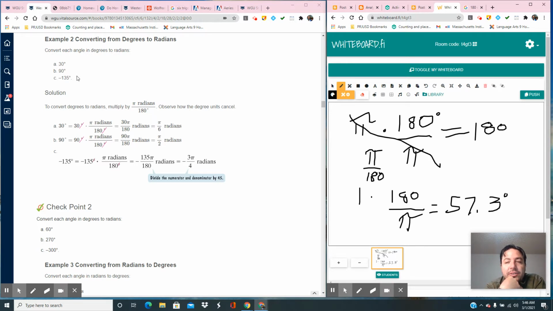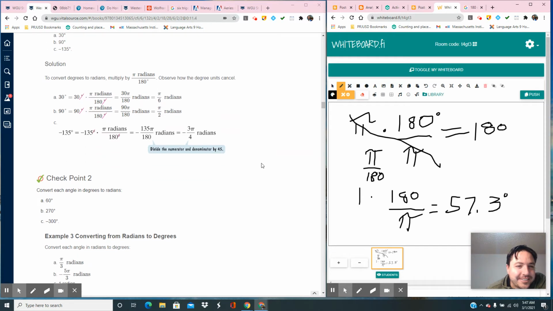Negative 27 over 36 pi. Oh, of course, 27 over 36 simplifies. 27 divided by 9 is 3, and 36 divided by 9 is 4. So negative 3 over 4 pi. Oh, good. They told us the answers. The answers are right here, and I'm doing it correctly.